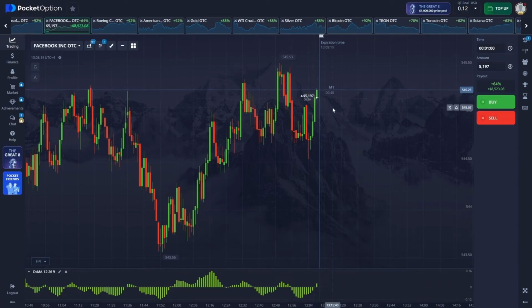I got the entry and proceeded for the upside move on Facebook OTC for $5,197.00. You will see the candle close above the zero level, so that's why I took this trade for the upside move, indicating an uptrend. The trade was going in our favor. Still, we had 35 seconds left.